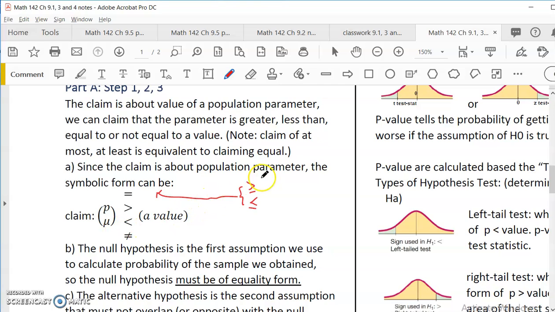So if you say it is greater than something, that means the least value it would have is equal to that. And if you are claiming that it is less than a particular value, the largest number it could be at most is that. So whenever you see a claim made with at most or at least, or these kinds of words, they are grouped with equal to include the extreme parts.